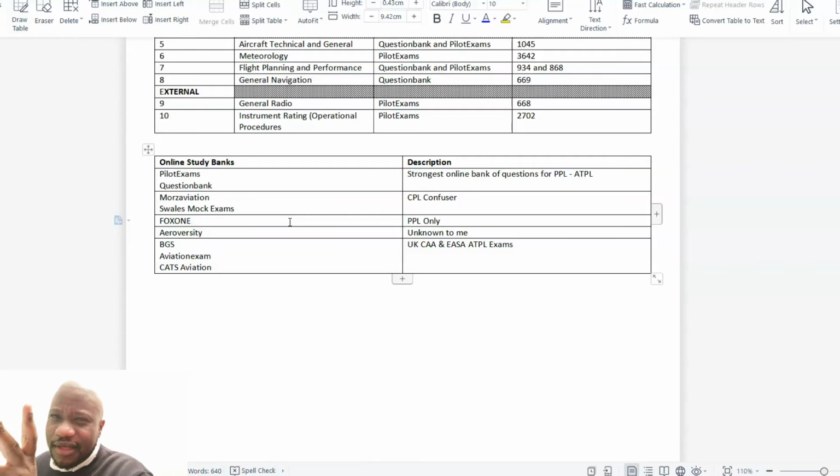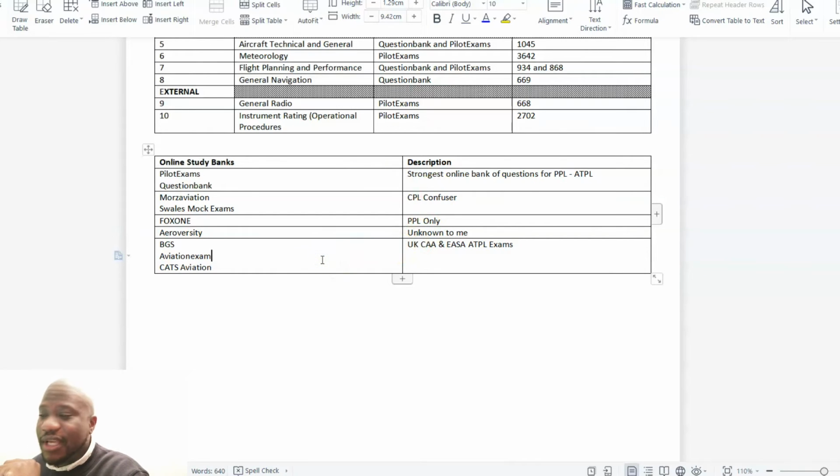I was actually converting my pilot license because I got the IASA license, so I converted it to the SACAA license. So I had to do a number of exams, so I used Fox 1, which was actually pretty good. Aviation, I Googled it. I don't know it. I've never used it. But if you've used it, let us know in the comments below how it is.